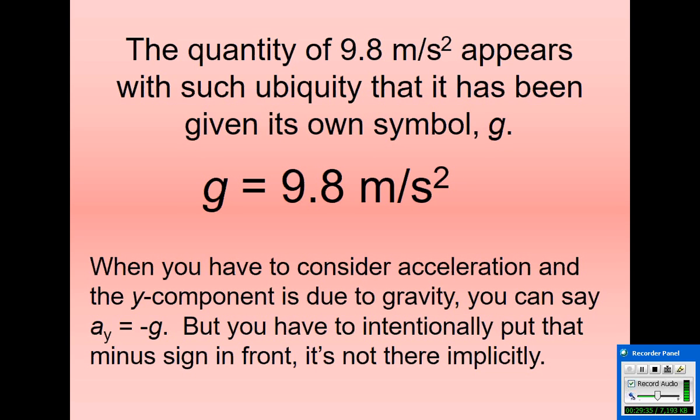But g itself is a strength, it's a magnitude, it's an absolute value. G itself is not negative. If you have to worry about acceleration and acceleration is down, you have to explicitly put the minus sign in front of g. G is not negative 9.8 meters per second squared. G is 9.8 meters per second squared.